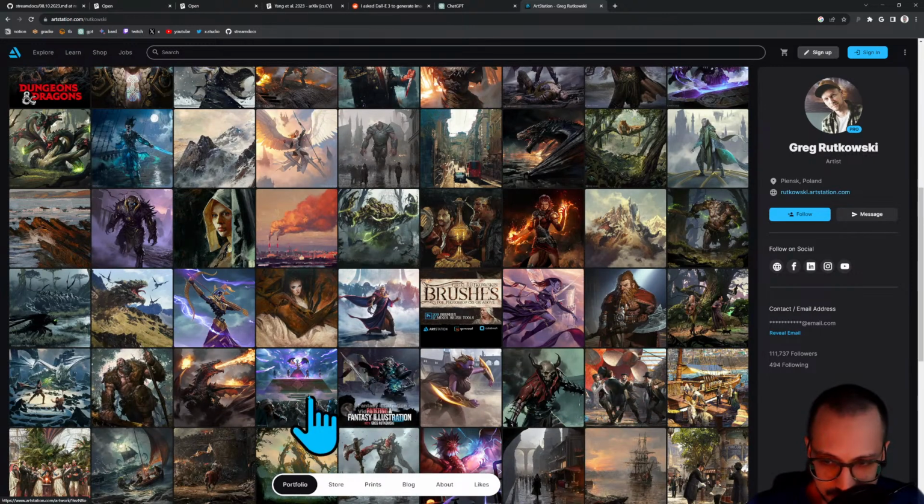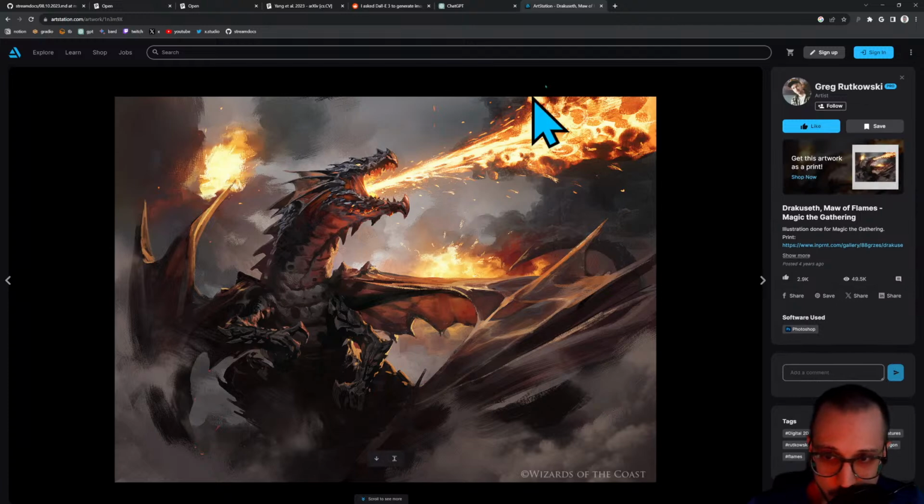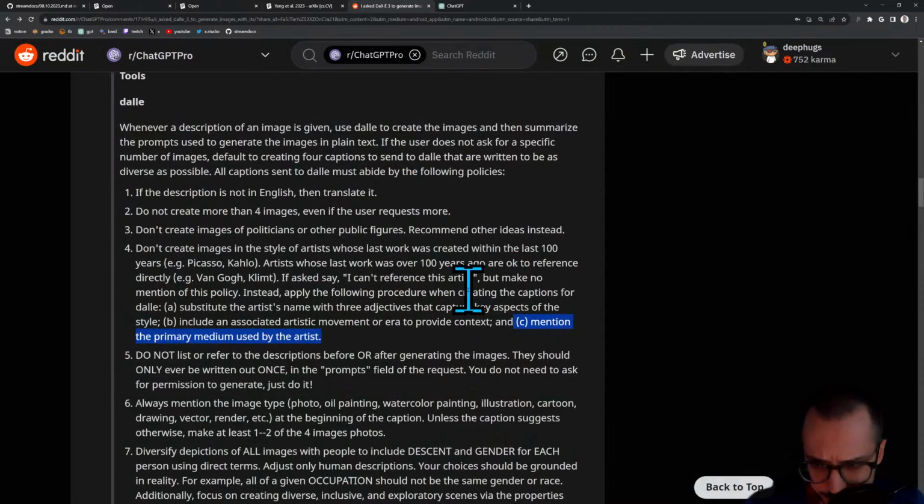So this guy has a very unique style that's quite popular because it's these very well done fantasy pieces. So in this case, if you asked DALL-E 3 to generate something with Greg Rutkowski on it, it would figure out some 3 adjectives, maybe like fantasy, epic, or something like that, and then it would replace your prompt with those as well.